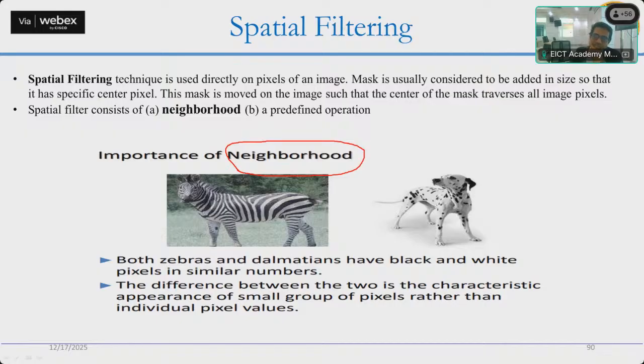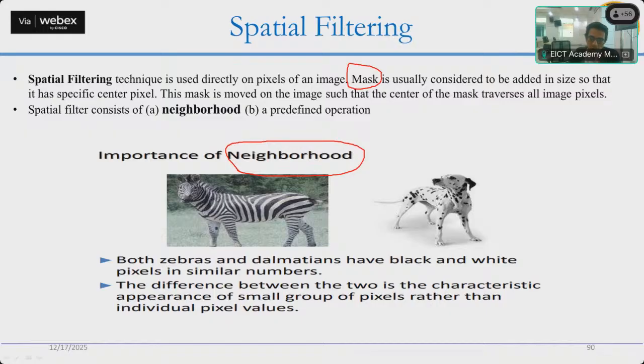It is taken care of by using the mask. What is a mask? A mask is usually considered to be odd in size so that it has a specific center pixel. This mask is moved on the image such that the center of the mask traverses all image pixels. Remember, the keyword in spatial filtering is the mask. What does the mask do? The mask takes care of the neighborhood.